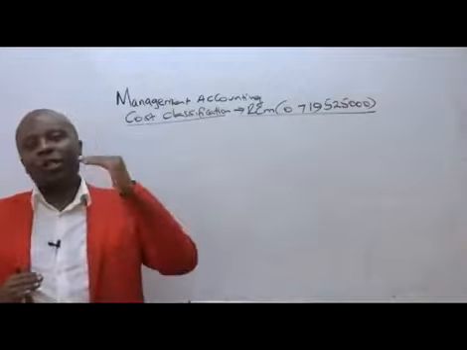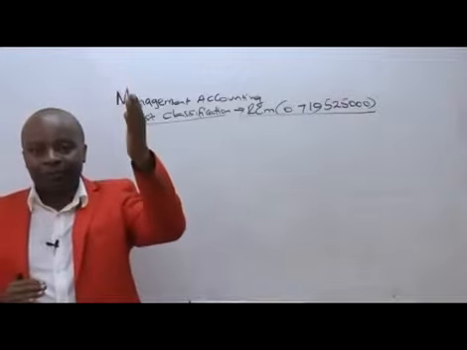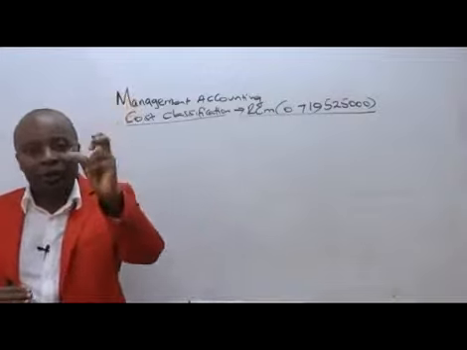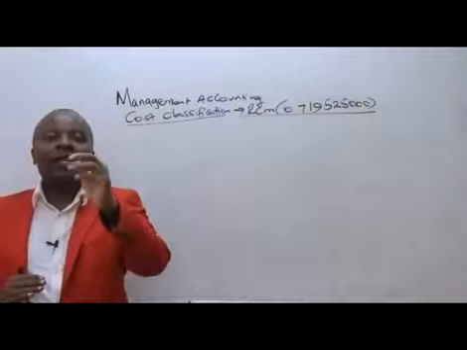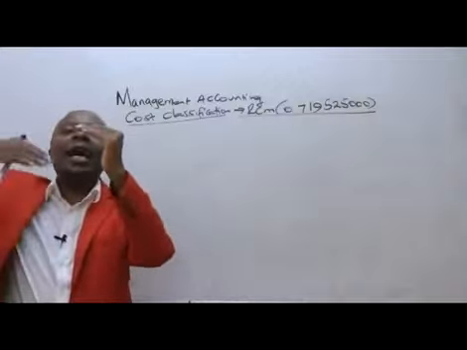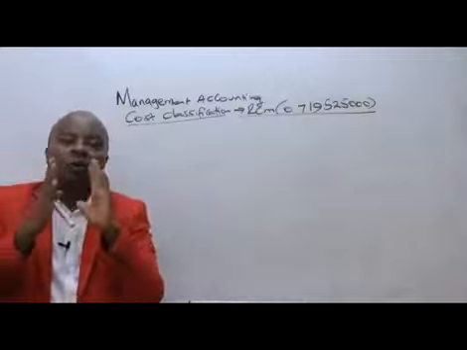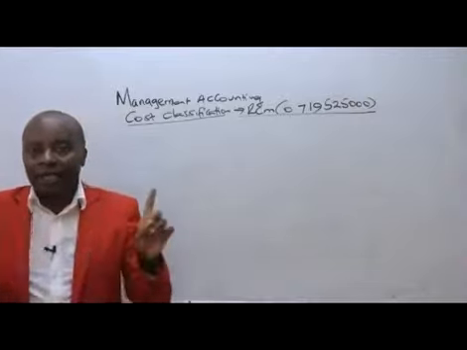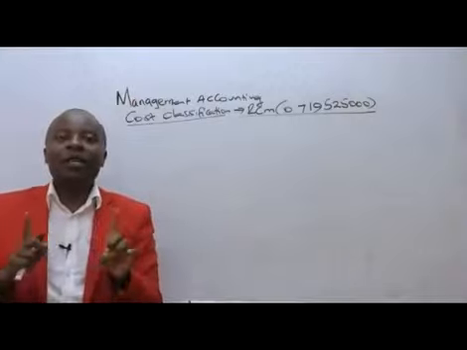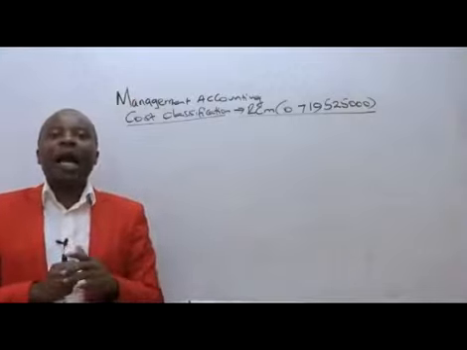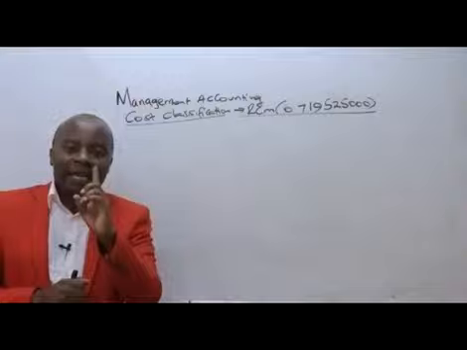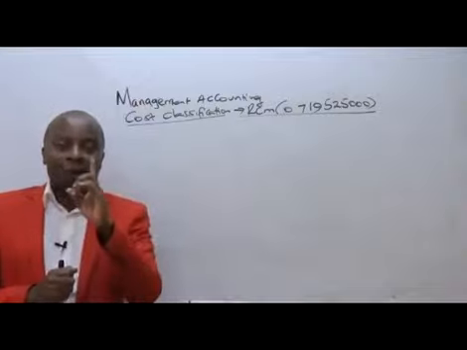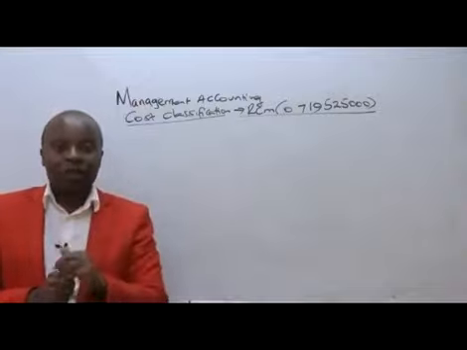Why? Because costs were supposed to be higher, and if they were able to calculate them properly, they should have been able to set a higher price. But because of wrong cost ascertainment, they are selling but making losses.